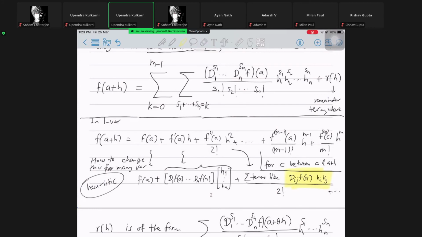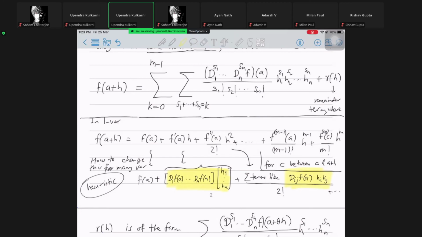But let us say I'm trying to find second order corrections. So is the first order term okay? Because from a, I have a step h1 in the x1 direction, h2 in the x2 direction, and so forth.